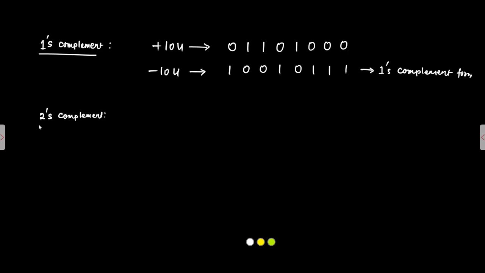So in 2s complement, what we'll do, we'll write the 1s complement representation, which is 1 0 0 1 0 1 1 1, and we'll add a 1 to the LSB.